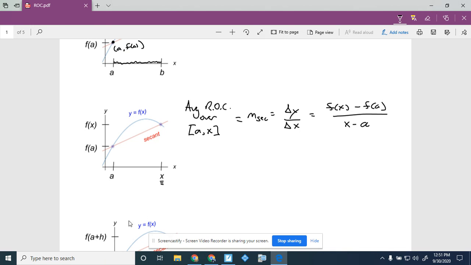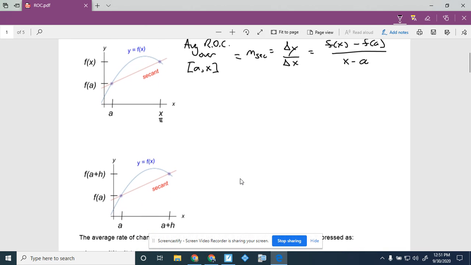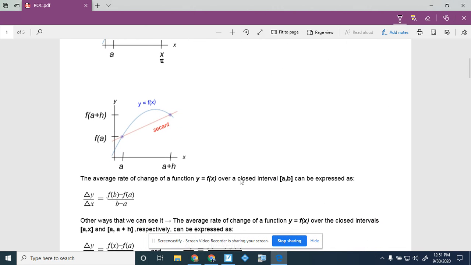We'll do it one more time where I'm not going to change anything other than how I label the picture. Now maybe I have a, but instead of calling this x, I call it a plus h. So it's a plus some value. I should note that in this particular picture, h is positive, greater than 0. That's why a plus h is to the right of a. But you'll see later on that it doesn't have to be.